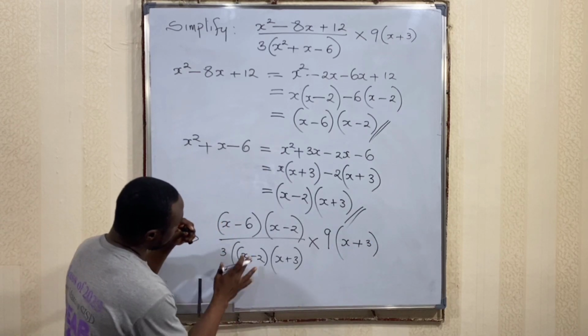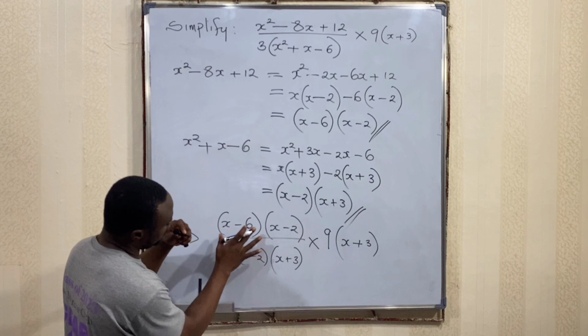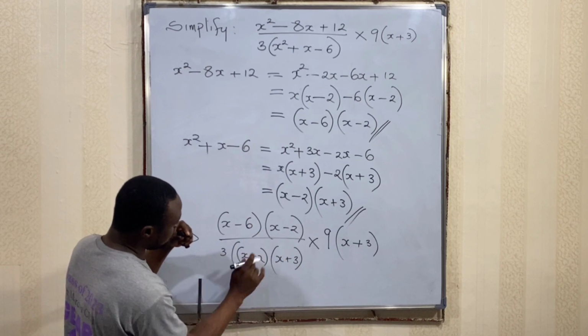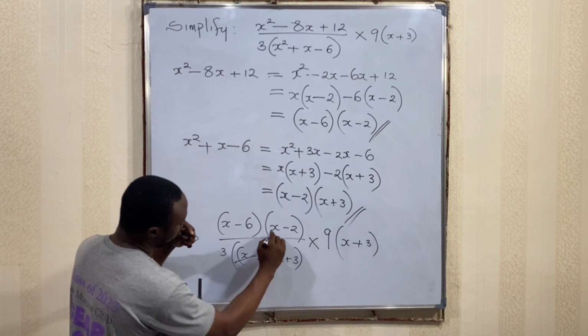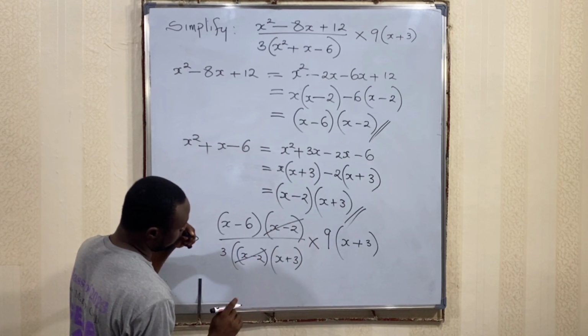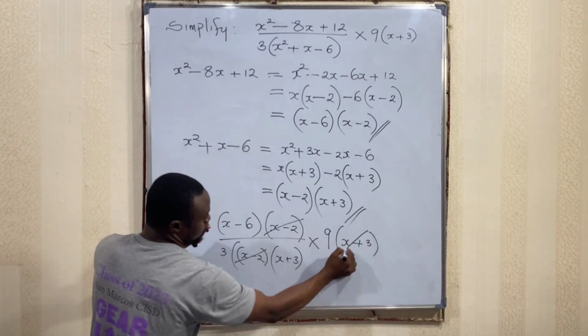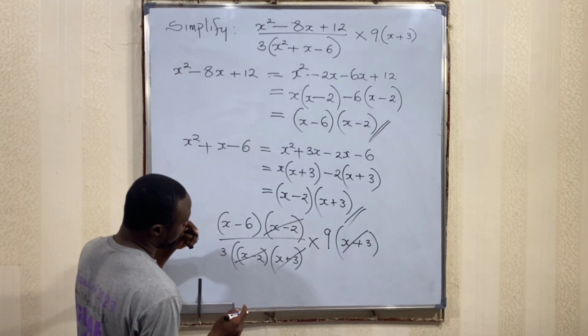Beautiful. Now if you look at this numerator and this denominator, you discover that the common terms here are x minus 2 and x minus 2, strike out. Now this is x plus 3 and this is x plus 3, so this and this also go.